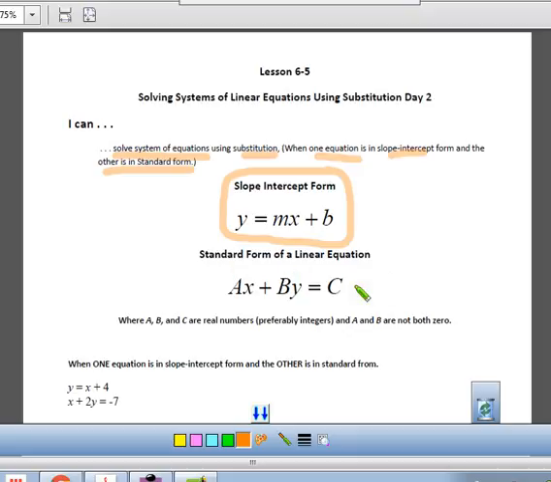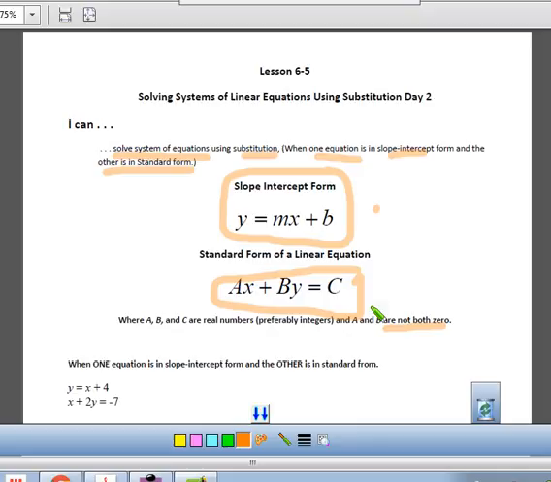But standard form is a little different: Ax plus by equals c, where a, b, and c are real numbers, preferably integers, and a and b are not both 0. That's very important. Let me give you an example of what this might look like.